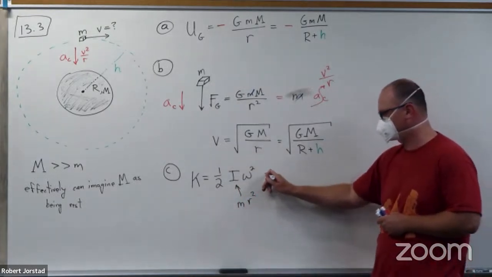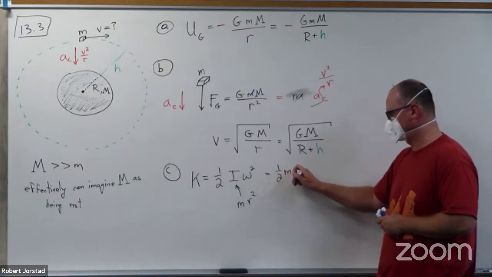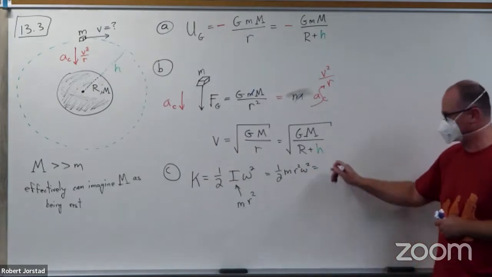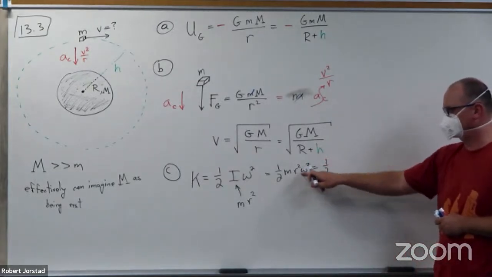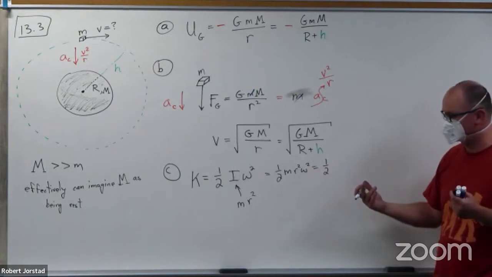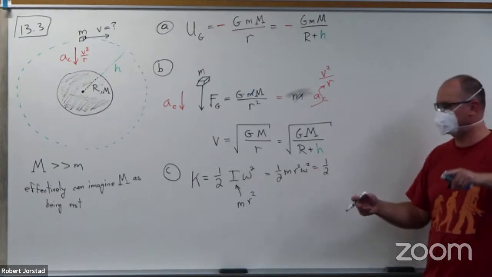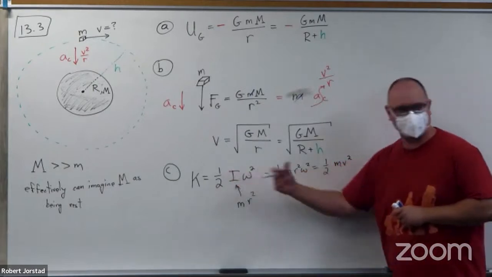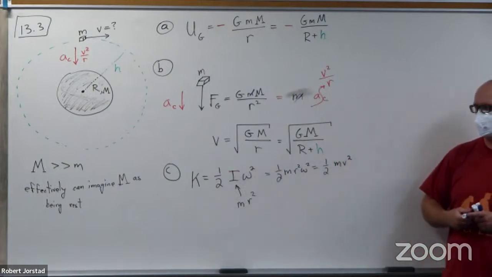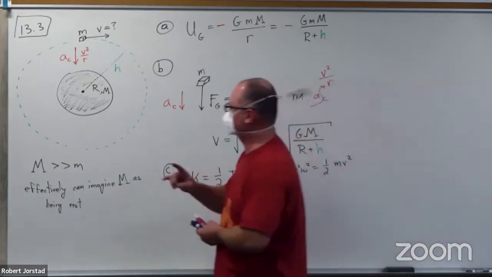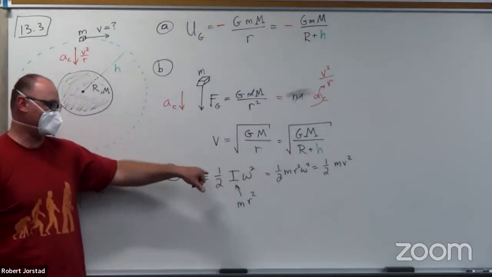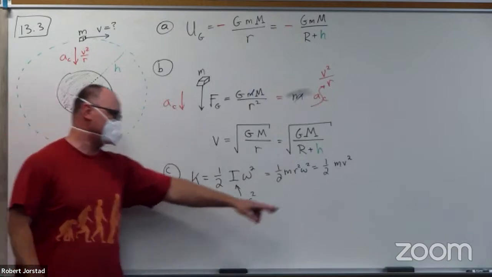But what's R squared omega squared equal to? What's R omega? Nope, nope, that's R alpha. R omega is then V tan. You could use either this or that. I did not explain this when we were in chapter 8. But it turns out if you have a point mass that's going around in a circle, you can use either this kinetic energy, where it's the I omega squared, or you could use normal translational.